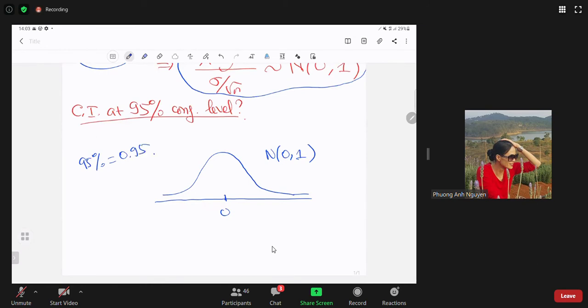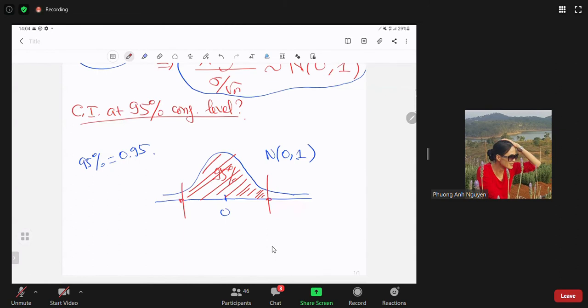So I wonder what the symmetric interval containing 95% of the whole population is. I want to capture 95% of the whole population within this interval.